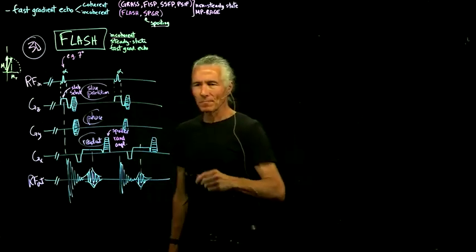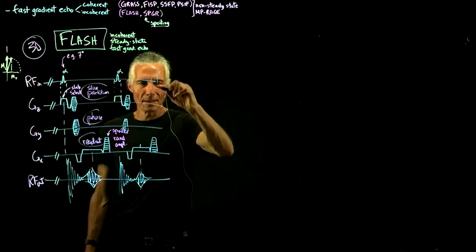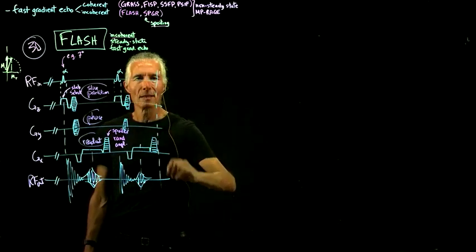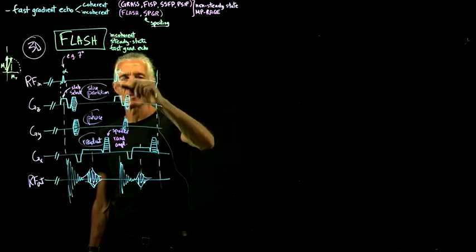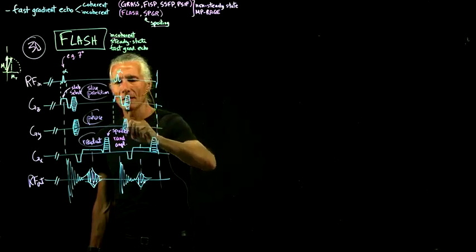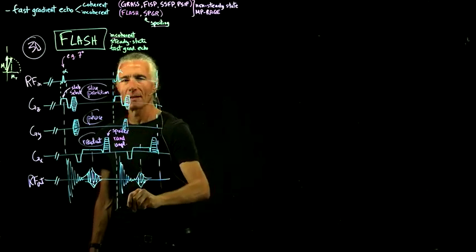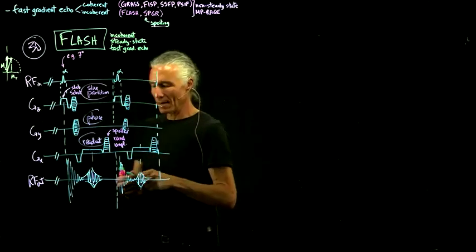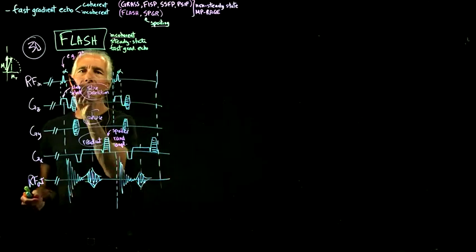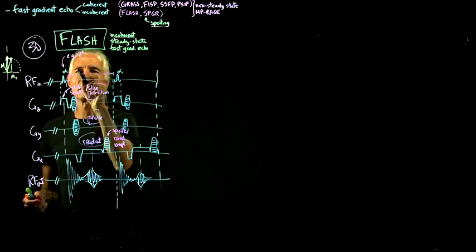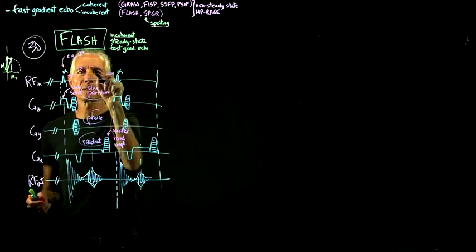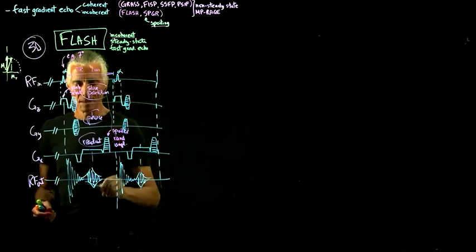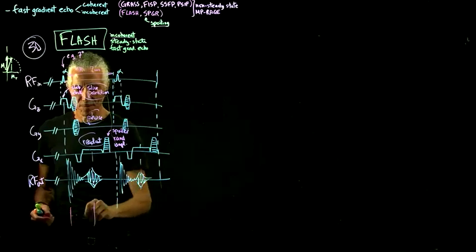So basically, then you could just keep repeating there. So here's the repeat. So again, the TR would be low, like the TR is something like 7 milliseconds. And the TE would be even lower, like 3 milliseconds.